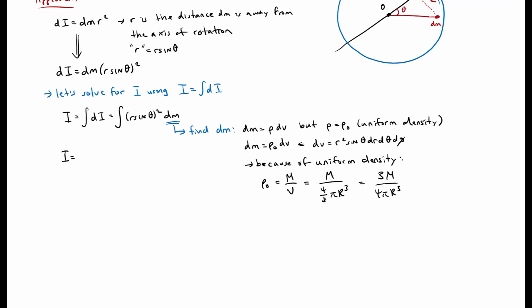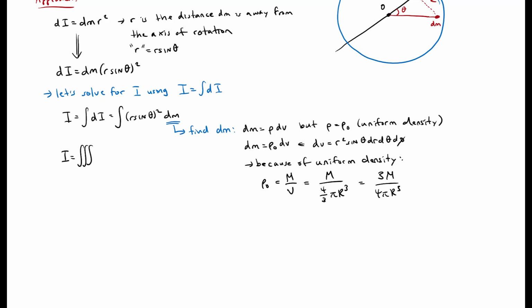So we have the integral of r sine theta dm. dm is now going to be defined by 3 differential elements, so we do need a triple integral at this point.